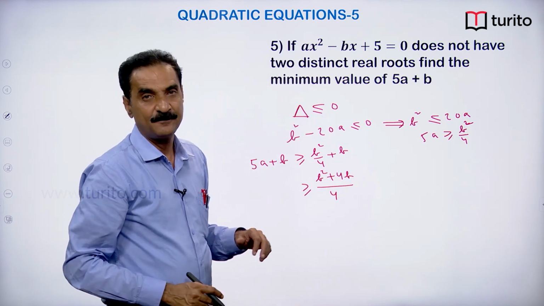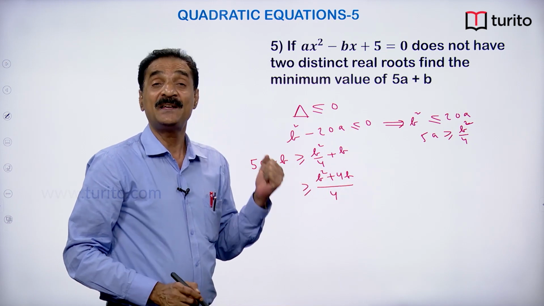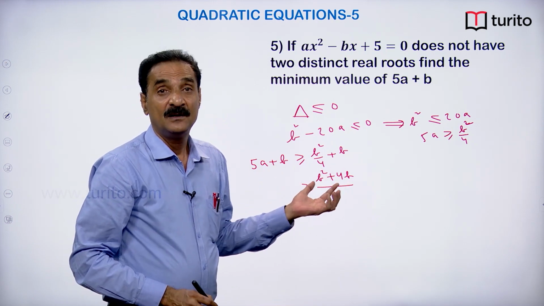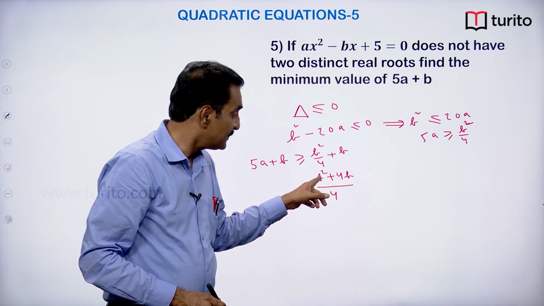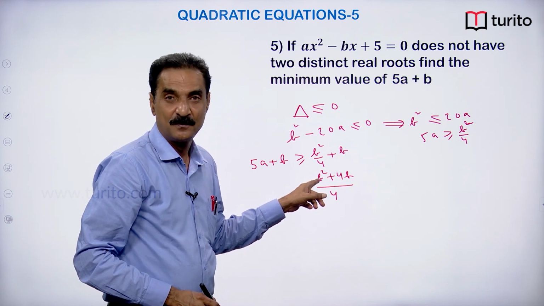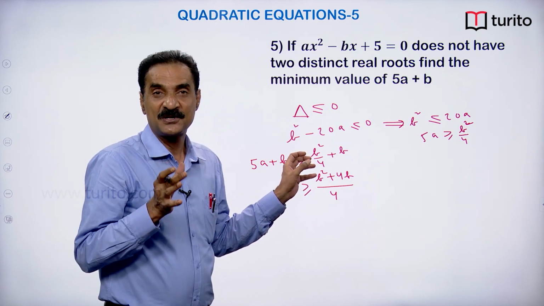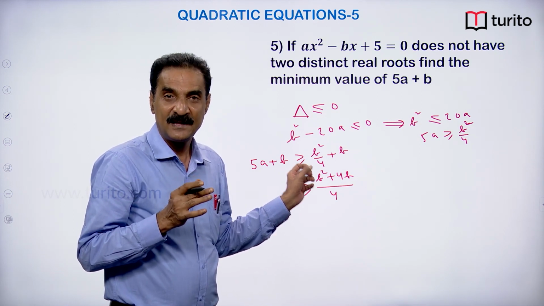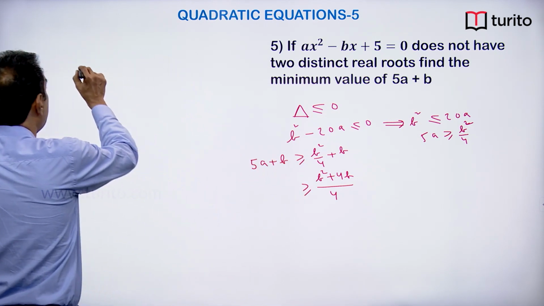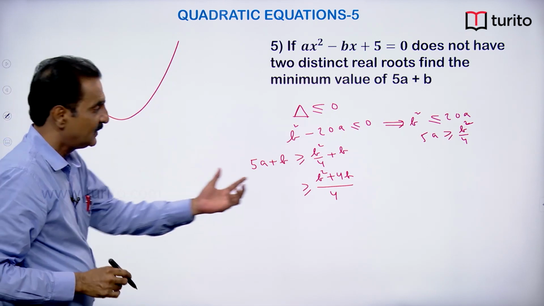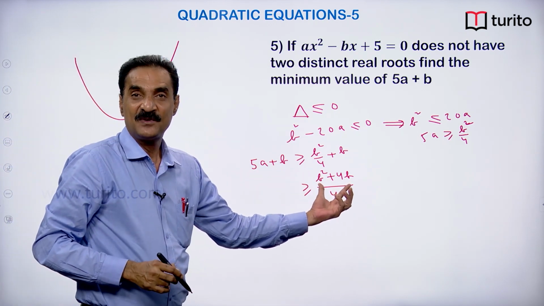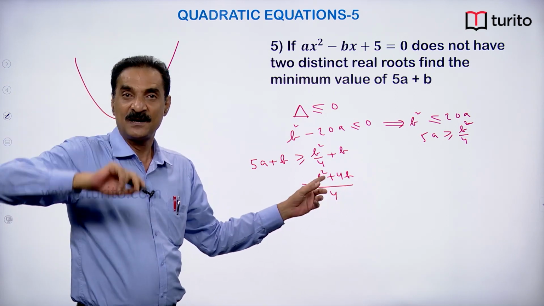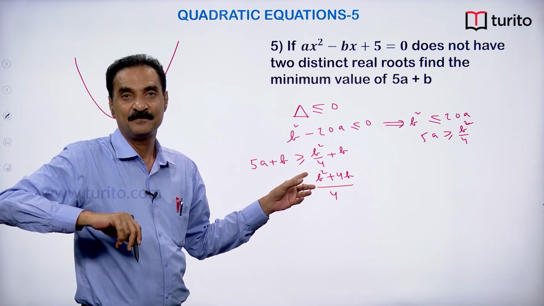Denominator is constant. Numerator is quadratic in b. In this quadratic, you observe that b square coefficient is positive. In a quadratic expression, if the second degree coefficient is positive, then the graph of the quadratic will be upward parabola. Graph of b square plus 4b will be upward parabola because b square coefficient is plus 1.